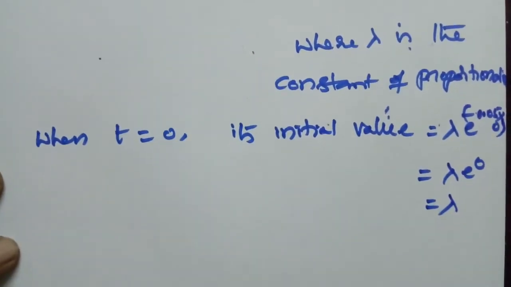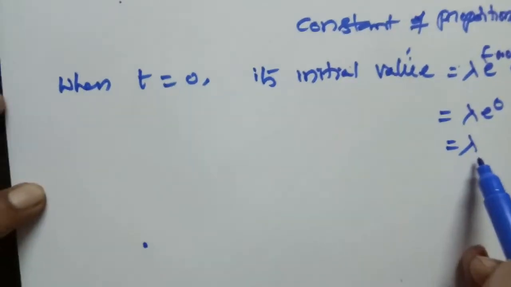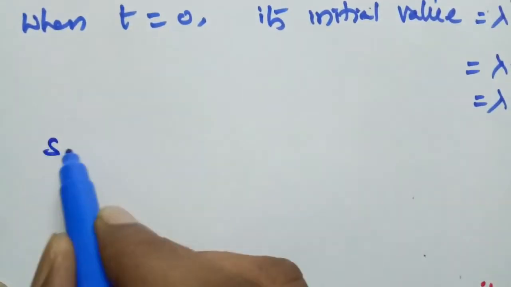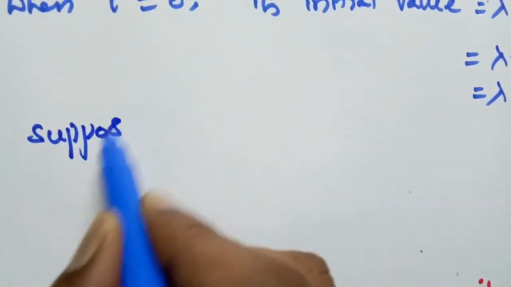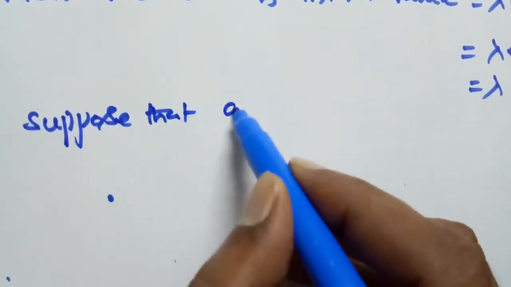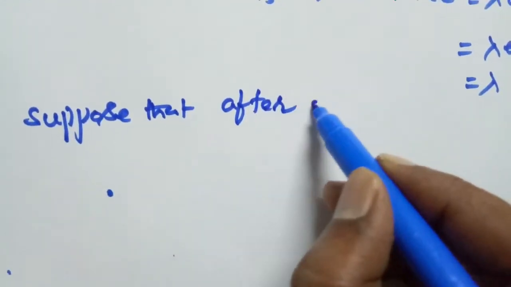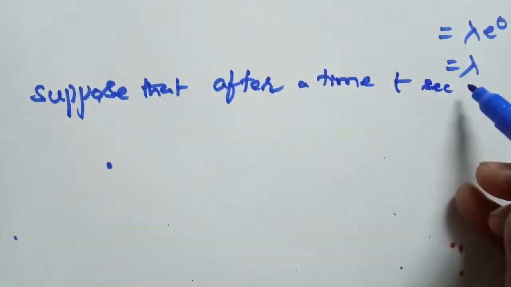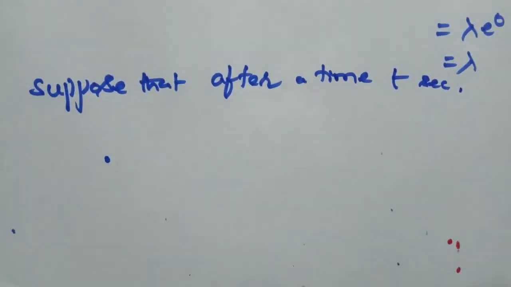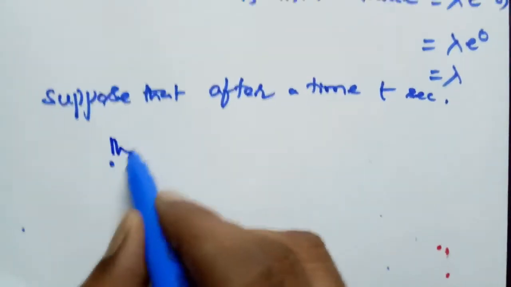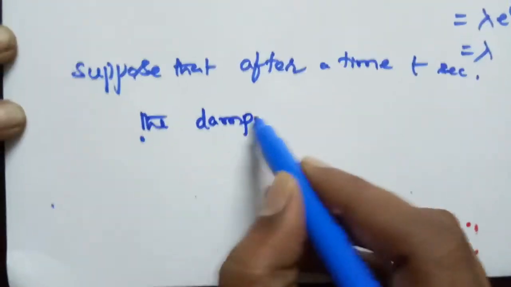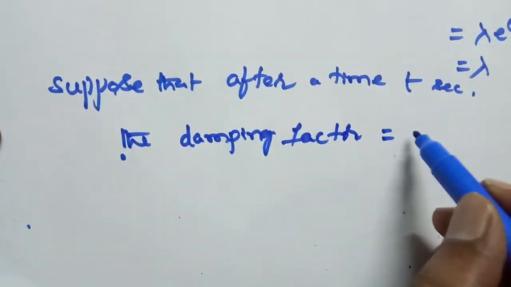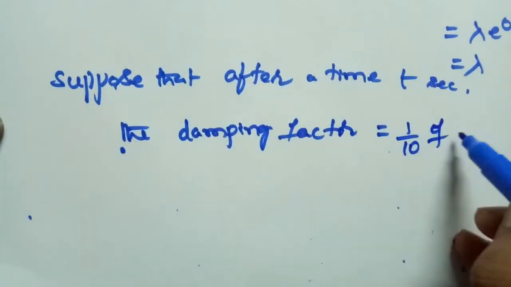Initial value of the damping factor is lambda. Suppose that after a time t seconds, the damping factor is equal to 1 by 10 of its initial value.